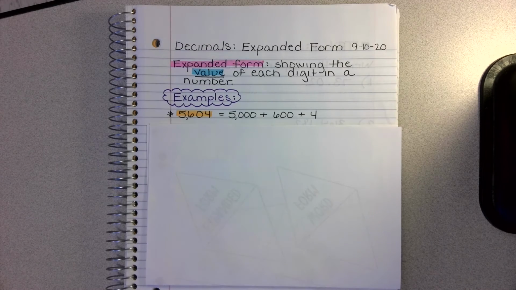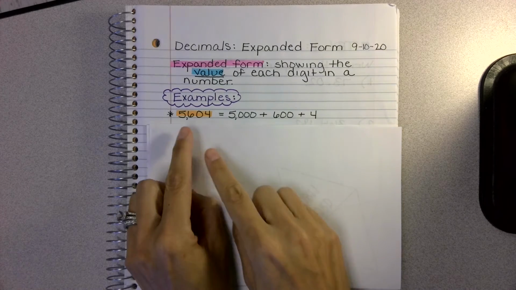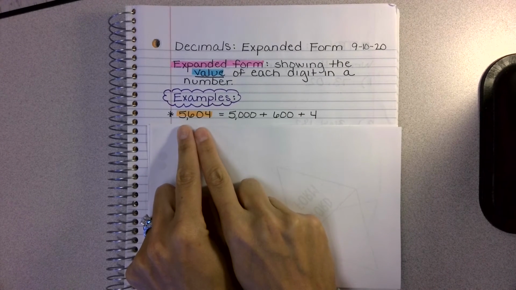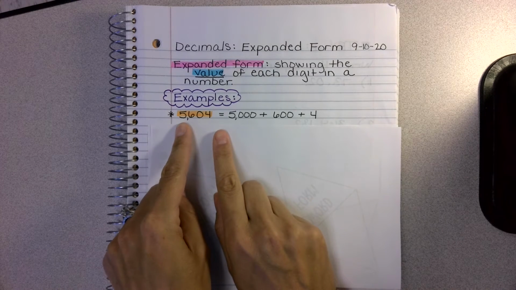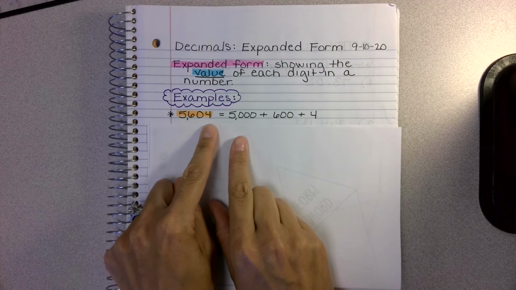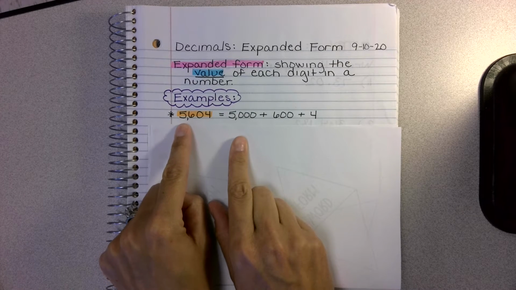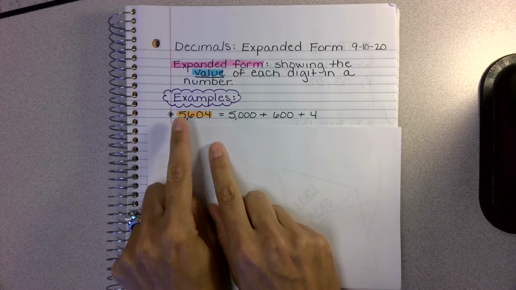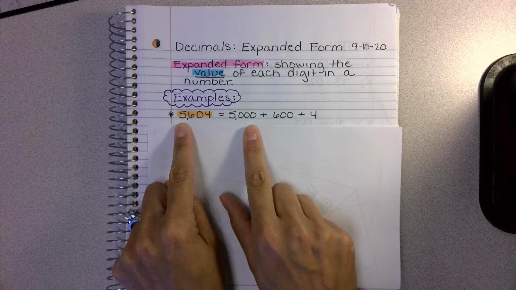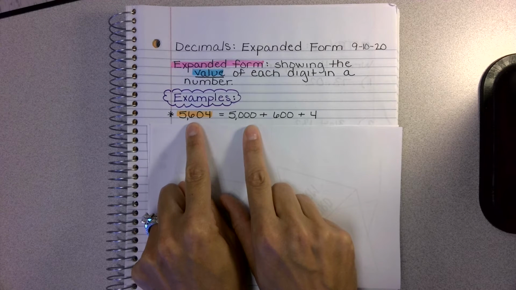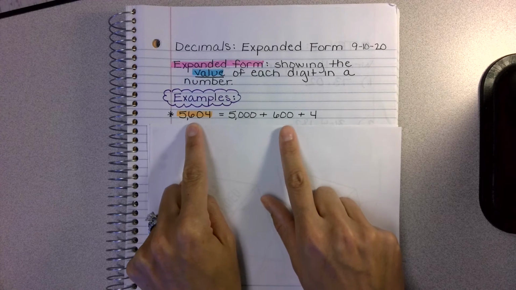The first one, we're just going to focus on a number that doesn't have a decimal. So let's just review doing expanded form. If my number was 5,604, I would start with the digit on the left and go to the right. The 5 is in my thousands place, so that 5 is worth 5,000. The 6 is in my hundreds place, and that 6 has the value of 600.